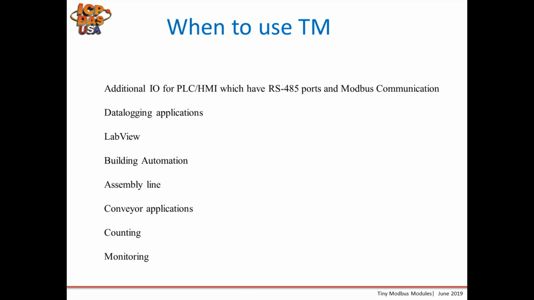Assembly line and conveyor applications are great because, again, it's along a single RS-485 bus, so you can connect nodes along the conveyor or assembly line. Counting applications are very simple and easy to use. Just connect a sensor to the digital inputs, and for each sensor input, you can count and see the count.